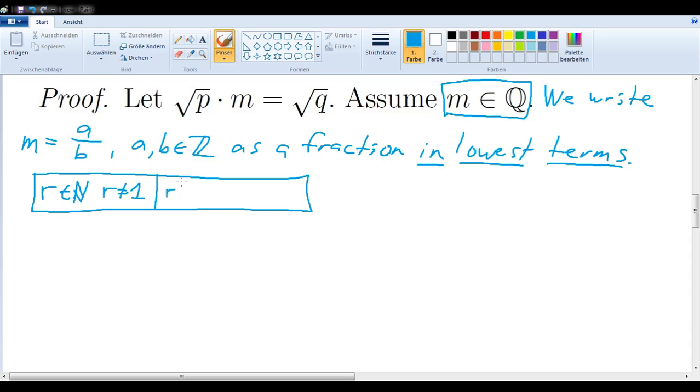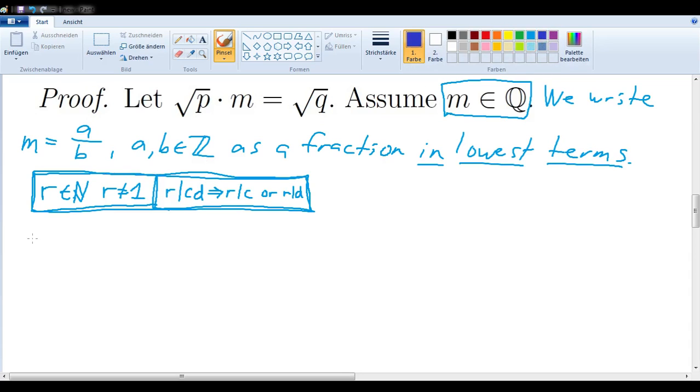If r divides a product, let's call it CD, then r divides C, or r divides D. This definition we will also definitely be needing several times in the proof.